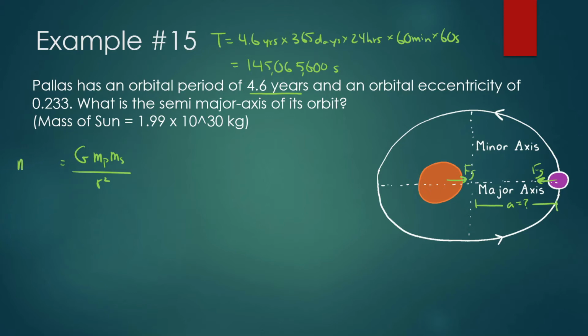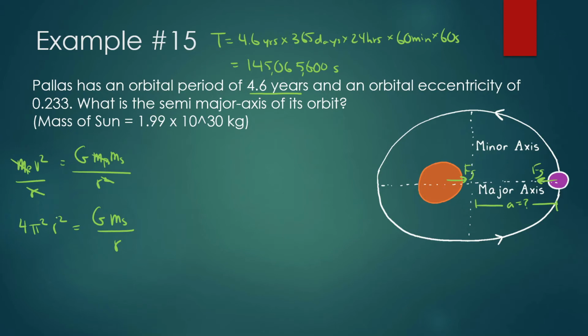So I'm going to change this to the mass of Pallas, velocity squared divided by r. One of the masses cancels out. One of the radii cancels out. And then we have velocity squared, which we can again change to be 2 pi r over t. So 4 pi squared r squared over t squared is equal to G, mass of sun, divided by r.